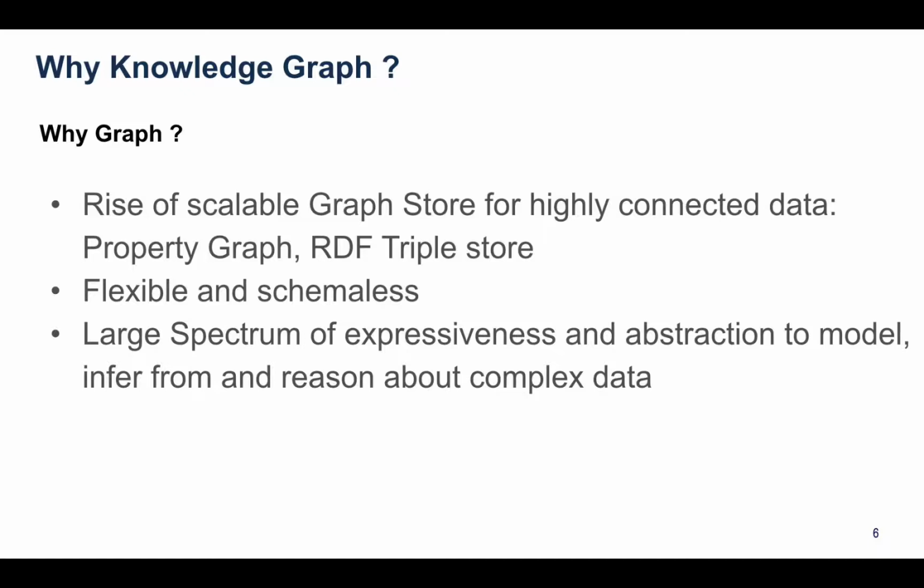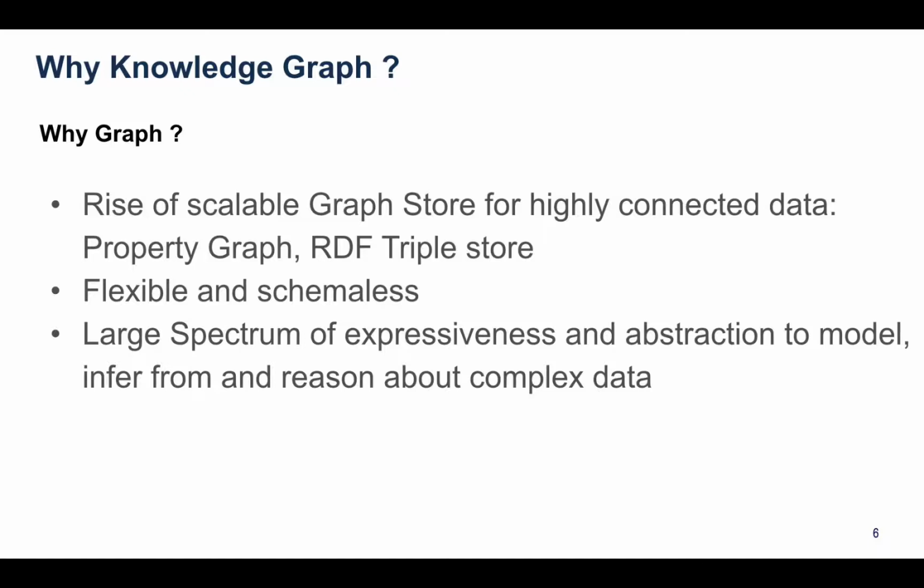Many others are now production ready graph stores, I would say, with different data models, RDF triple store, property graphs. They are flexible and schemaless, like truly schemaless. You can add new nodes and relations without writing any schema, so that's really useful.